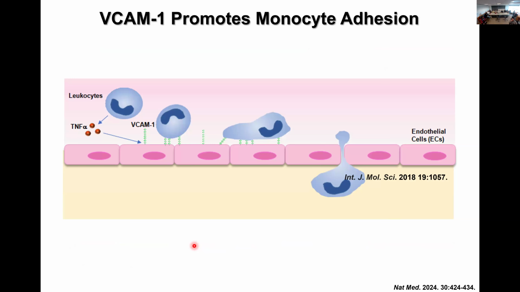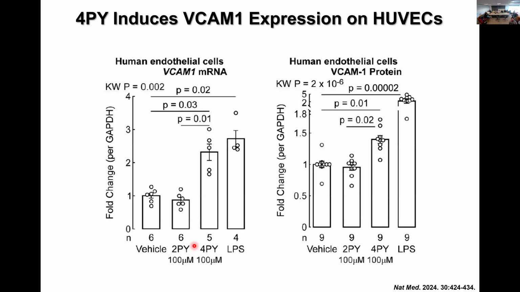Okay, so if this is the case, can we experimentally prove it? Stan took human umbilical vein endothelial cells and incubated them with either control vehicle, or LPS, which is a positive control known to induce VCAM at both the RNA and the protein level.